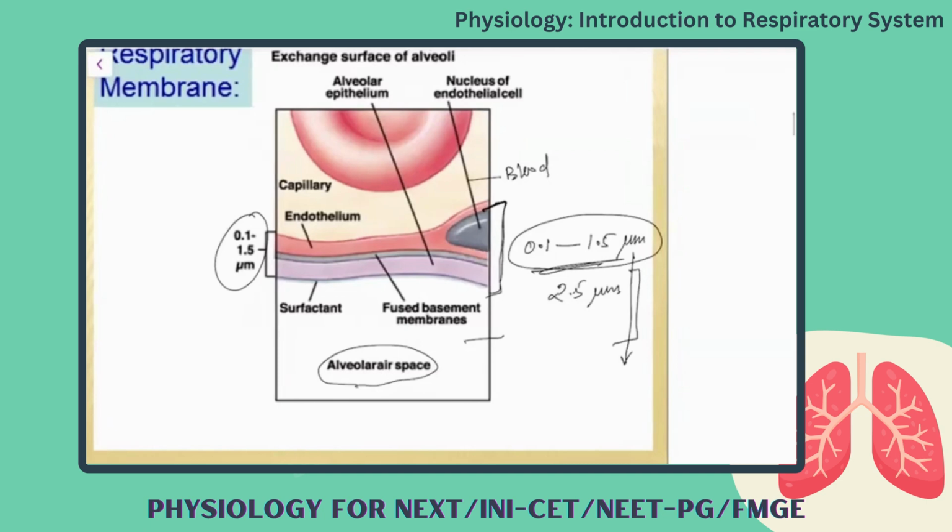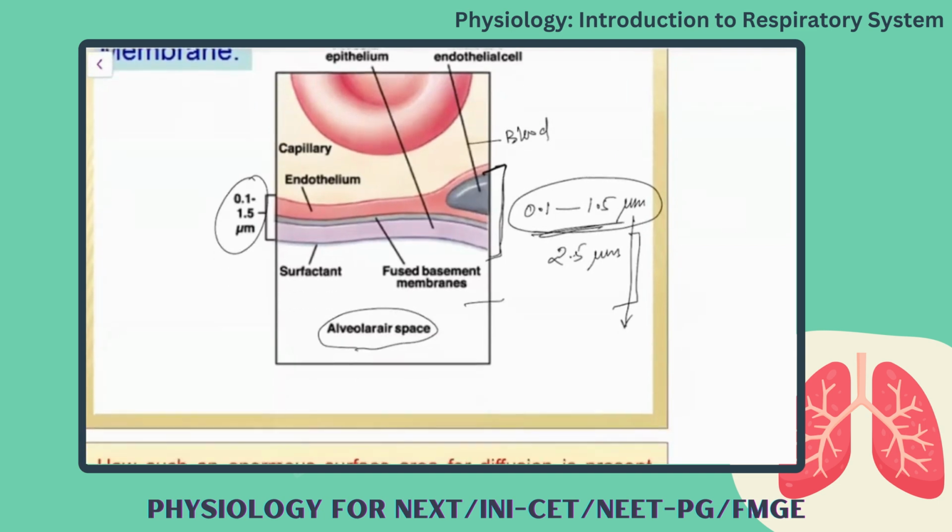So the respiratory membrane is the membrane present between the alveoli and the blood capillaries. On one side of the respiratory membrane you will see the capillary endothelium, because that side has the blood vessels. The blood vessel wall is made up of endothelial cells, the capillary endothelium.